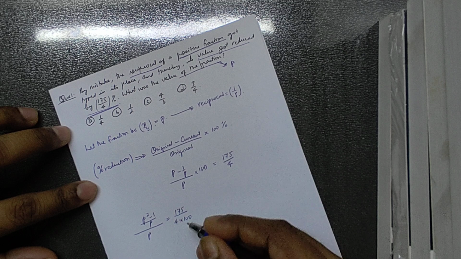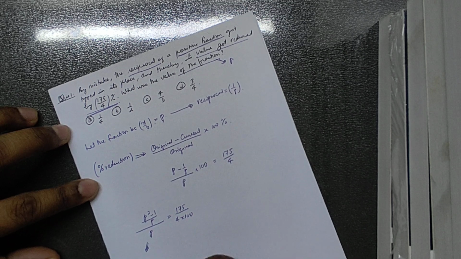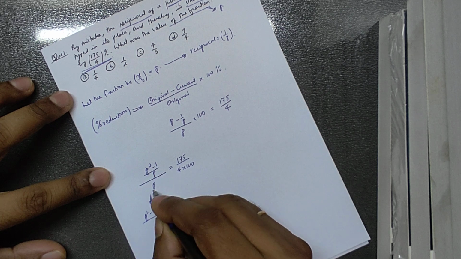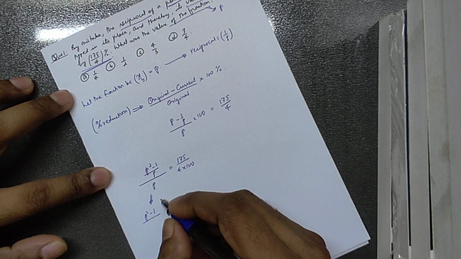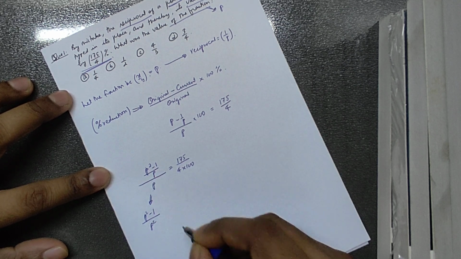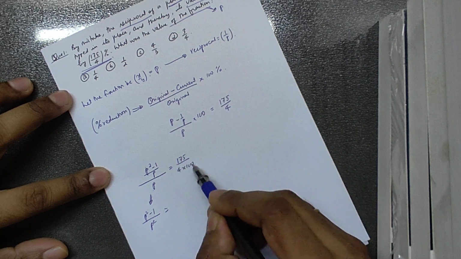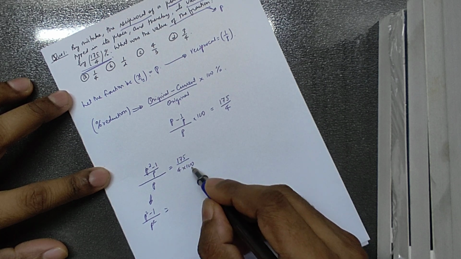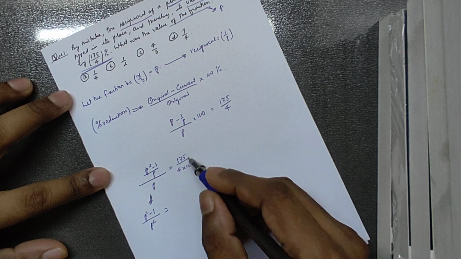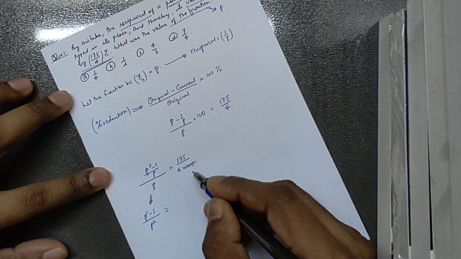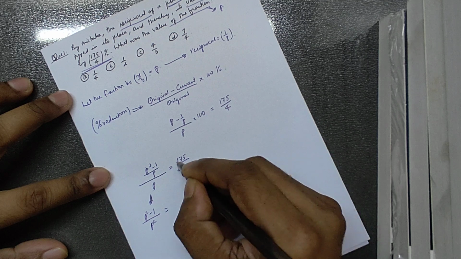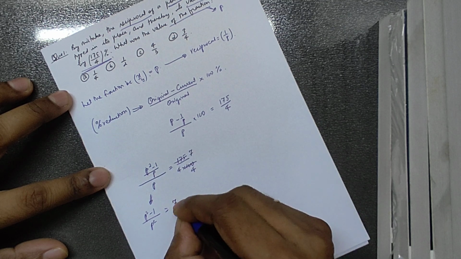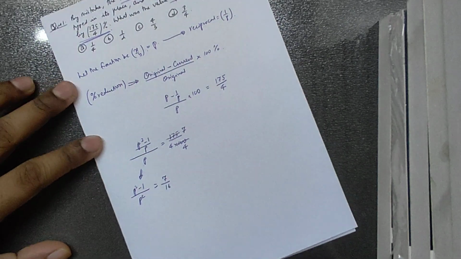Now if we try to simplify the left hand side, we'll have p square minus 1 upon this p, and this p will get multiplied, and we'll have divided by p square is equal to. Now we can simplify the right hand side as follows. 100 is divisible by 25, 175 is also divisible by 25. So 100 divided by 25 is 4, 175 divided by 25 is 7. So we have 7 upon 4 into 4, 16.